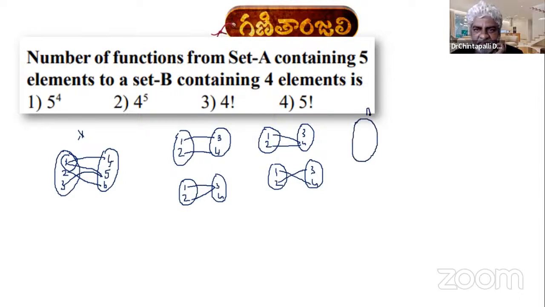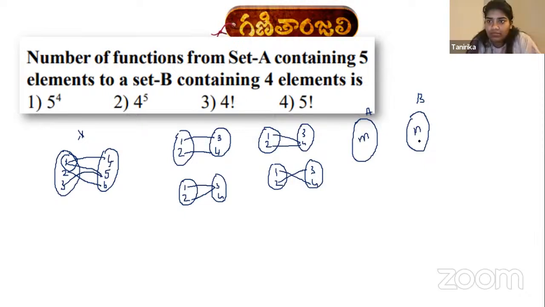This is set A. This is set B. If A contains M elements, B contains N elements. Here A contains 3 elements, B contains 3 elements.